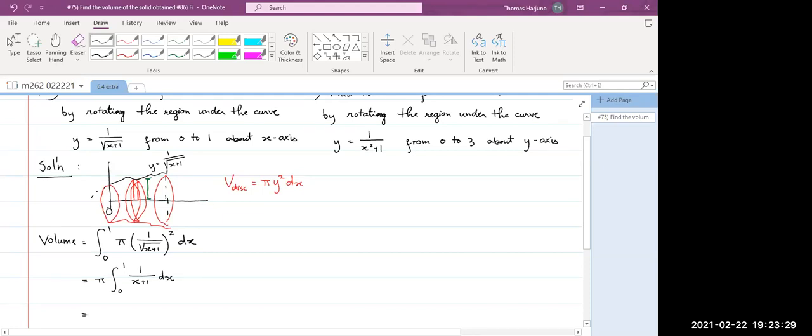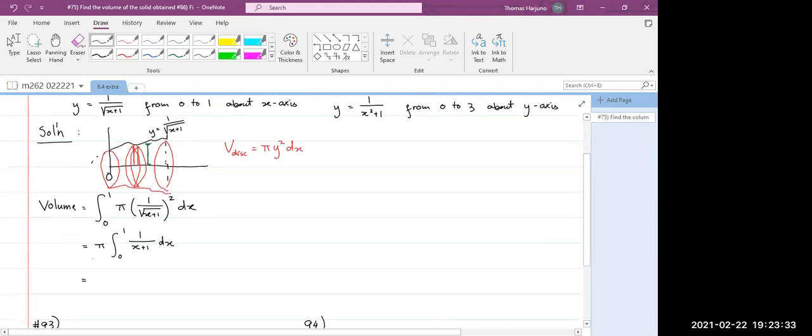You can do substitution if you like, but you will get pi natural log of 2 minus natural log of 1. But natural log of 1 is 0, so this is pi natural log of 2.